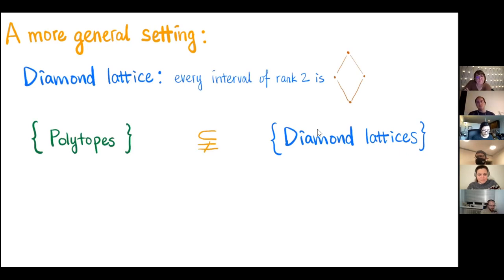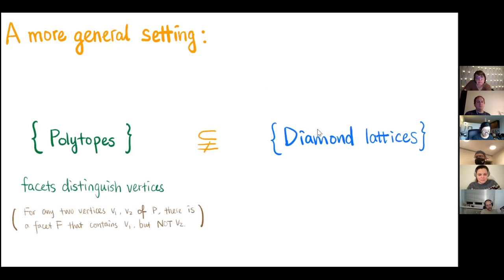This is particularly nice because in the proof of Grünbaum's conjecture on polytopes, one fact that's simple but quite important, which we use over and over, is that facets of polytopes can distinguish vertices. In other words, if I have 2 vertices, there's always a facet that contains one but not the other.